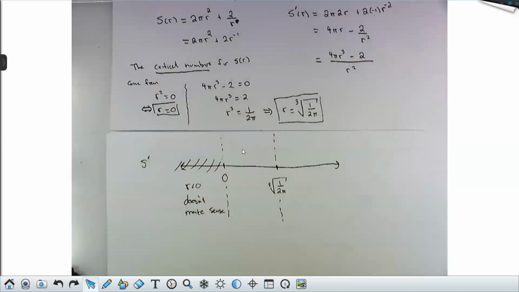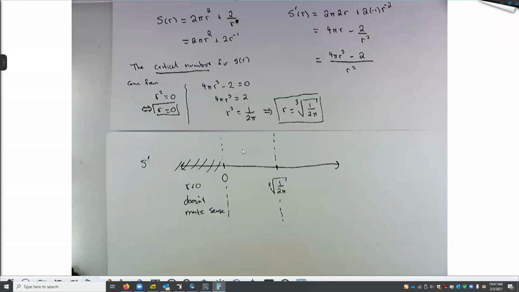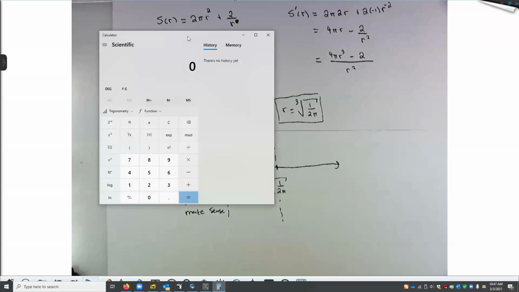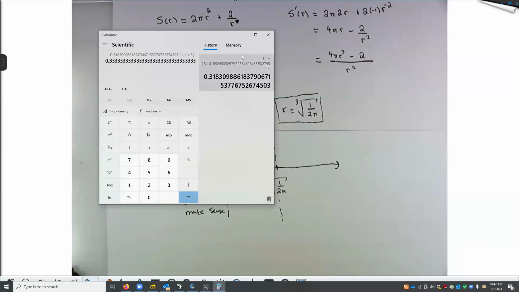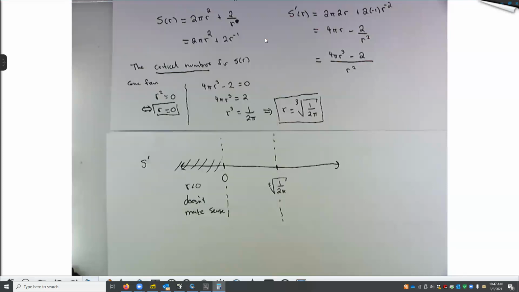Let's do that. So let's take 1 divided by parentheses 2 pi, close parentheses, hit enter, and then raise this to the power of 1/3, right? So parentheses 1 divided by 3, close parentheses. 0.33333. It looks like the cube root of this is about 1/3 as far as the calculator can tell here.